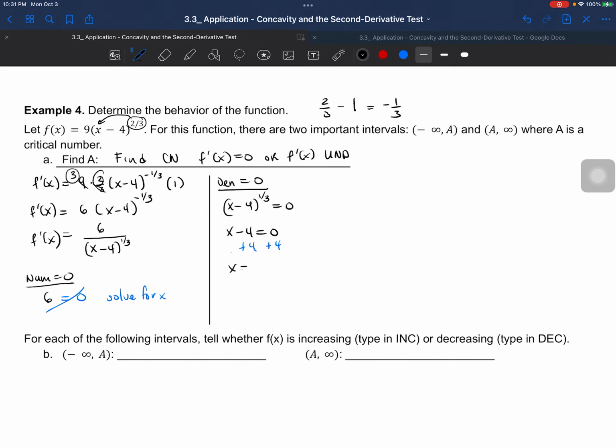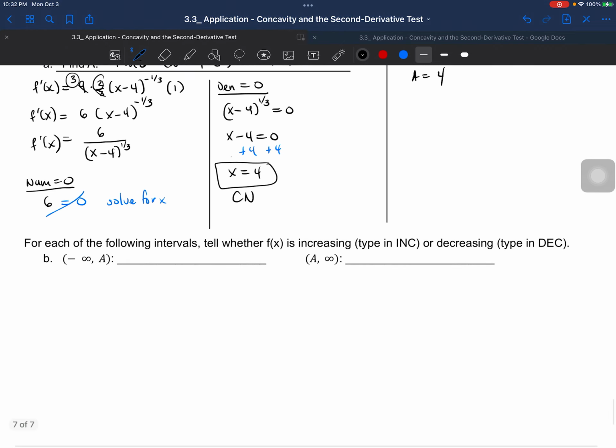And we can see that this is going to happen when x equals 4. So here's your critical number. That's it, right? So we found the critical number. So in this case, a is equal to 4. So we're going to be looking for these two intervals. It's separated by positive 4.